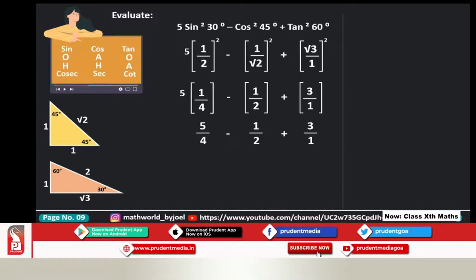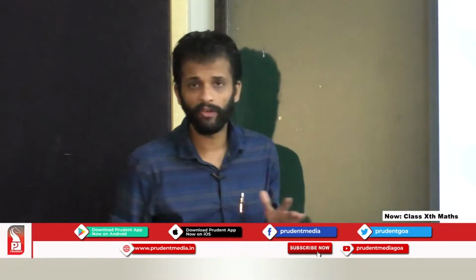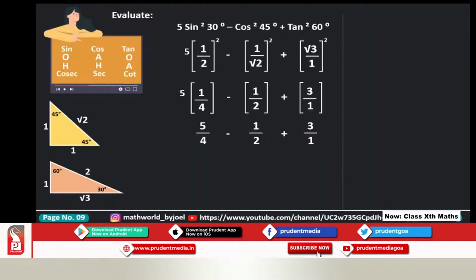Now what we are going to do is, if you notice carefully, the denominators are all different. So I need to make the denominators same. And how I do it is by using the LCM method. So take all those denominators and write it separately in the rough column.